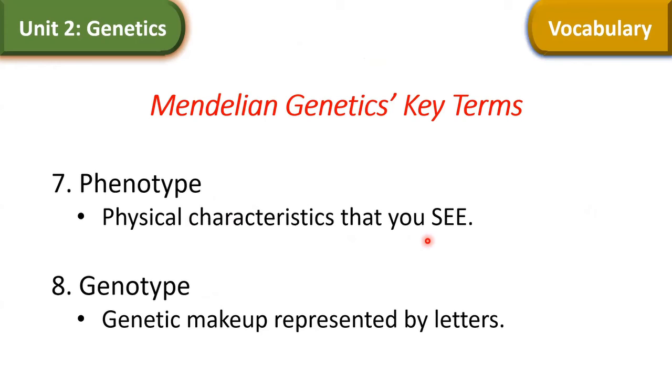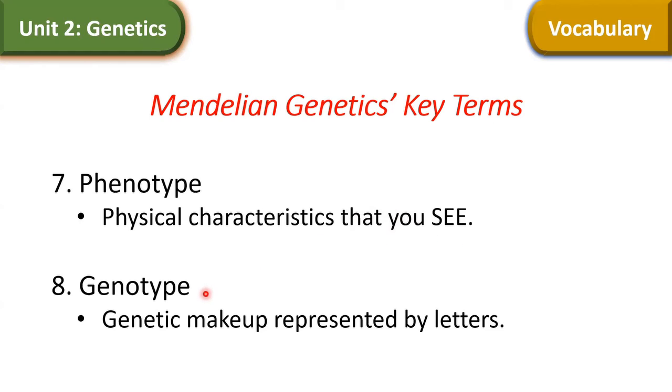If you can see your face and you have a black eye or a brown eye, that is a phenotype. If you can see that your hair is straight or your hair is wavy, that is a phenotype example, because your phenotype is the characteristics that you can see about yourself.